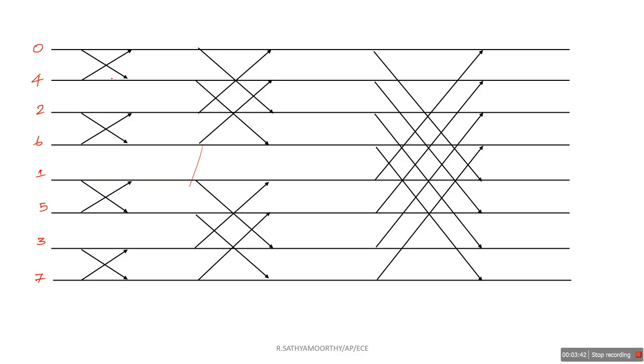The other things on the butterfly diagram are this is -1, this is -1, and -1. I'm not going to explain these details. What I'm going to explain is the shortcut method to verify your answers.